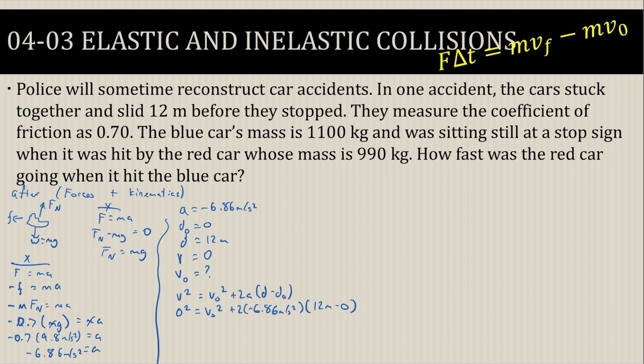So that gives me, if I subtract the v0 to the other side and multiply all that together, divide by a negative and take a square root, I get 12.83 meters per second for when they were right after the accident, sorry.